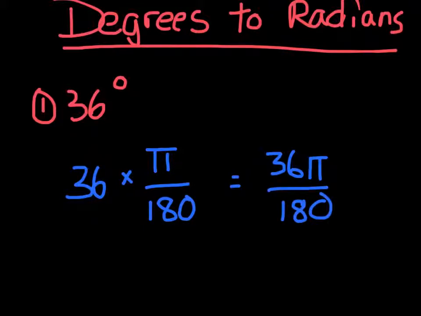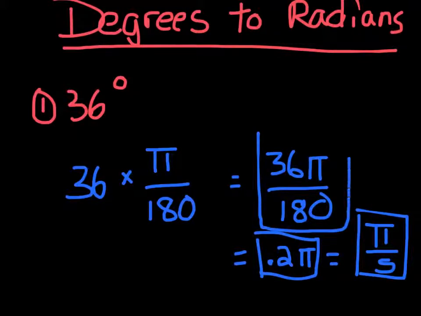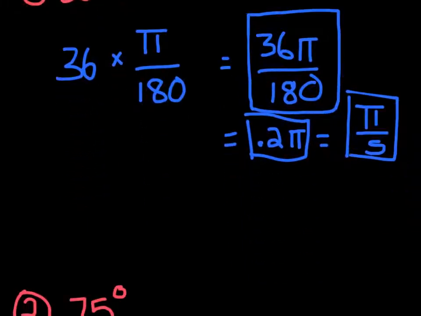If you have a calculator and you simplify 36 over 180, leaving the pi out, we get 0.2 pi, or we get pi over 5. Either one of these answers would work, or even if you left it as 36 pi over 180, that would work as well.